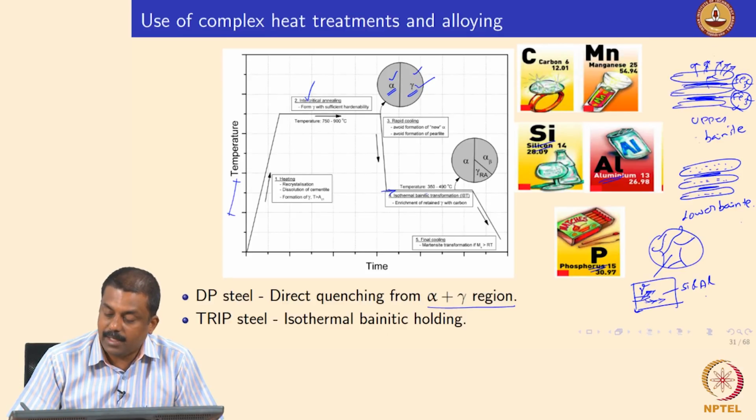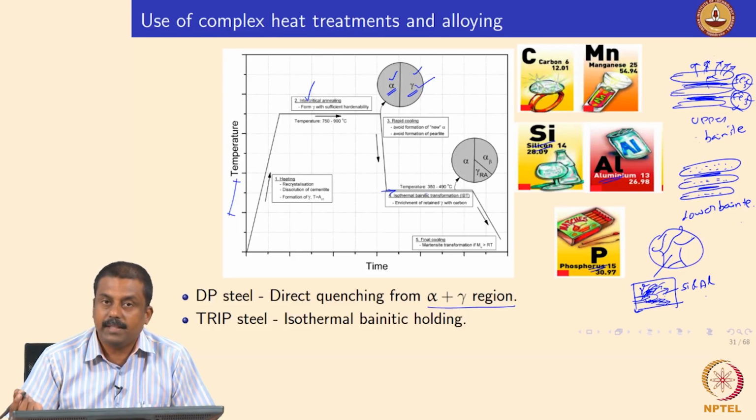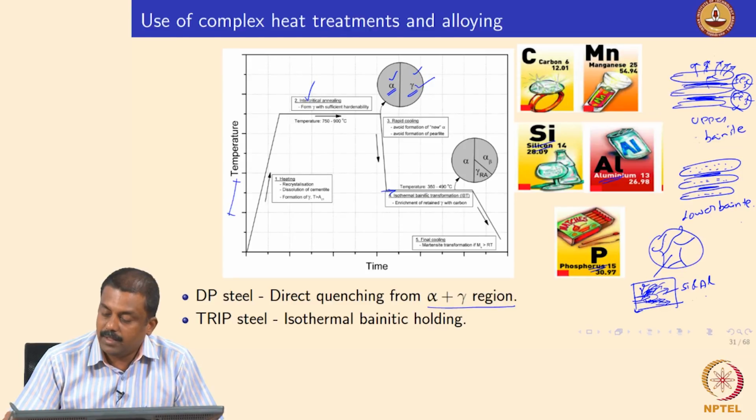It keeps on enriching because of the formation of ferrite during bainite formation, and these carbon atoms will try to go out of the ferrite and enrich the austenite, because we are suppressing the cementite formation. So, towards the end of the transformation, the bainitic ferrite, the ferrite laths in the bainite, would grow with an extreme enrichment of carbon in the untransformed austenite.